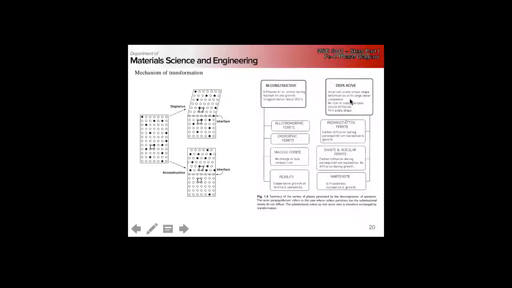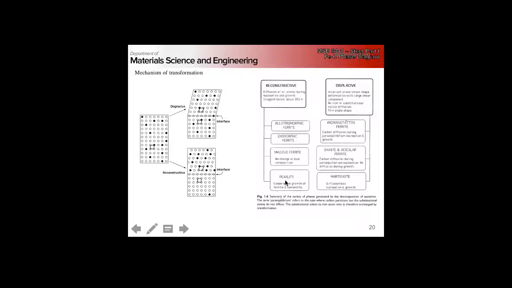So when we say reconstructive, we basically mean anything that's diffusion mediated, right? And displacive means that there's a shear transformation, right? So obviously martensite is a shear transformation, right? And generally the growth of ferrite, with the exception of Widmanstätten and acicular ferrite and bainite, tends to be diffusive, reconstructive.